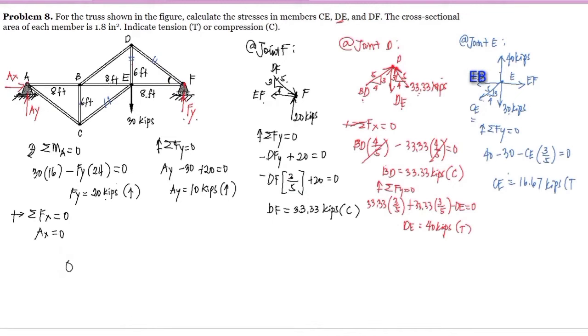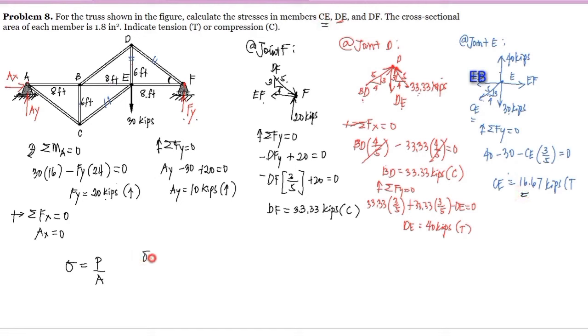Since we are required to compute for the stresses, so stress is equal to force over area. So, isa-isahin natin. We have here member CE. So, si CE is 16.67 kips.